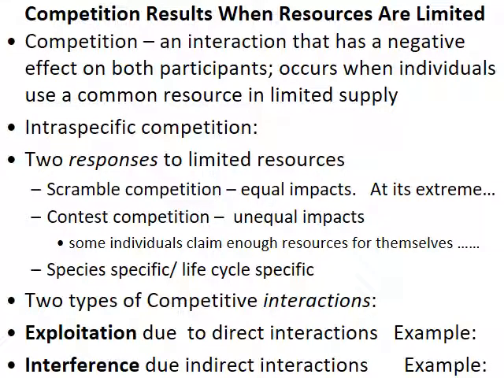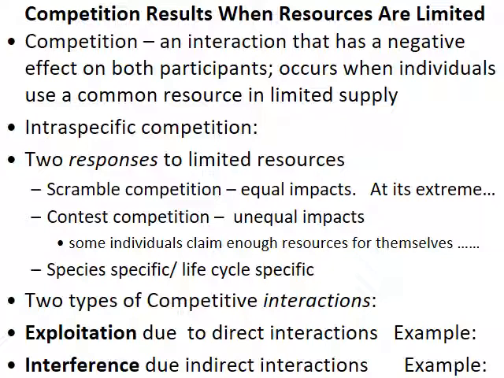Certain species will have interactions between their members that tend to be one or the other. It can change based on stage of their life cycle as well. So if you're going through different stages of development, you might have one type of competition versus another type of competition, for instance.